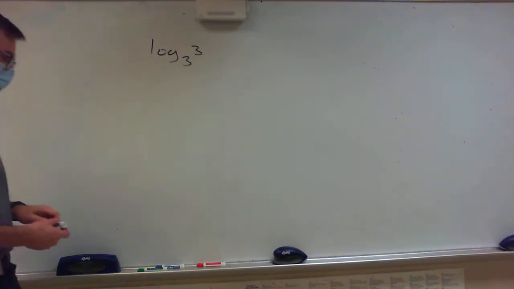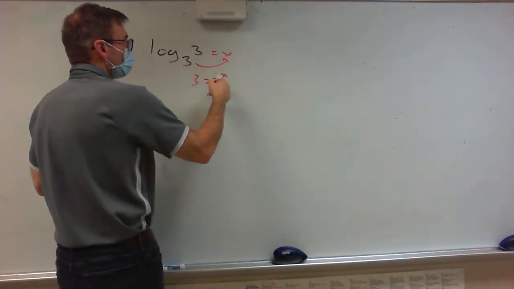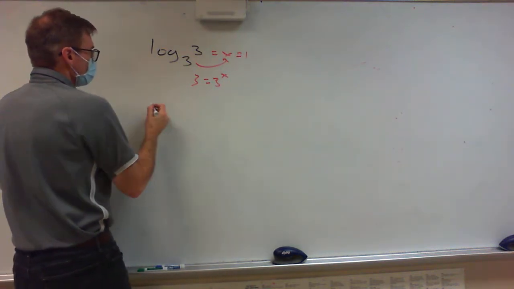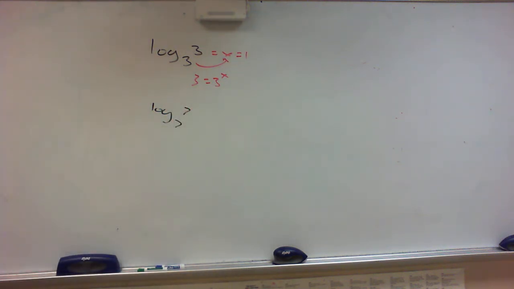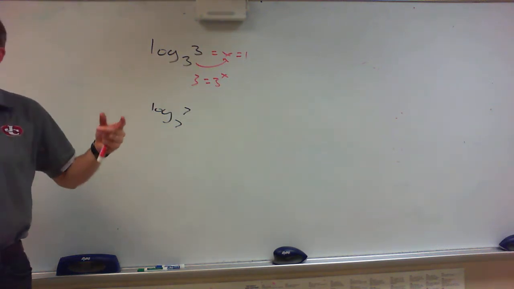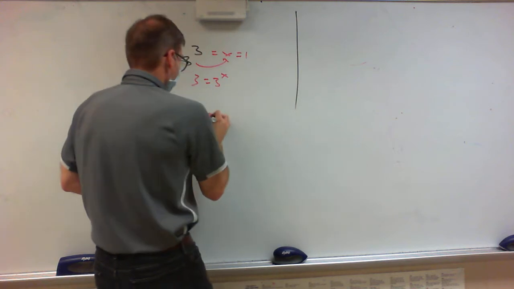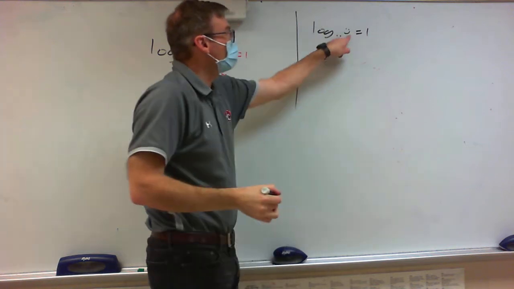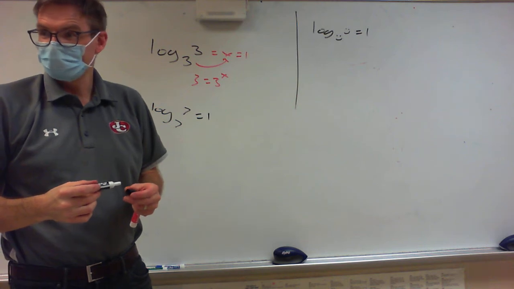Everybody get 1? If you set that equal to x and do the swoop, 3 is equal to 3 to the, oh, it's got to be 1, doesn't it? Well, what is log base 7 of 7? 1. Are you kind of visualizing it? Setting equal to x, doing the swoop, it's got to be a 1. So in general, log base happy face of a happy face has got to be 1. Anytime these are the same, you get a 1. Everybody okay with that?